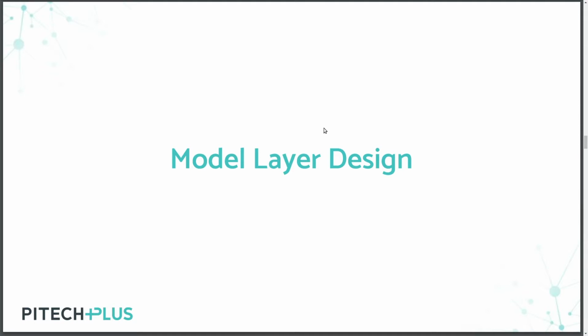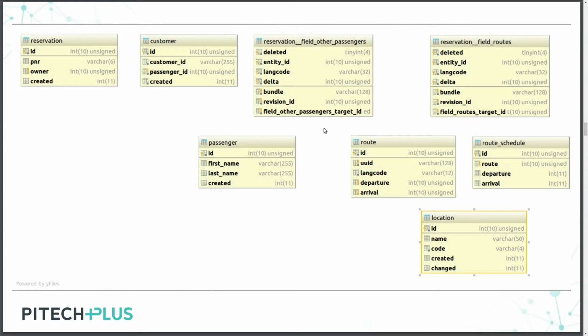And I will just go back to the previous slide, because these tables are actually the ones that were created after creating the entities and fields. So we have to design our model layer in this case to work together with Drupal as well. So we have the reservation, the customer, the passenger, the route schedule, and locations. These are the entities that we are working with.